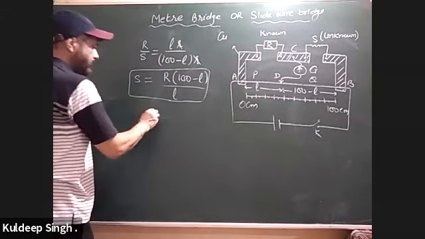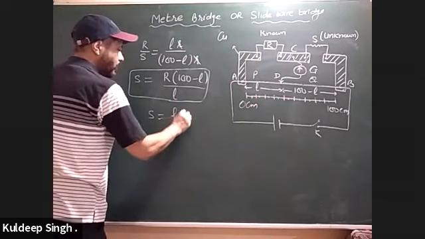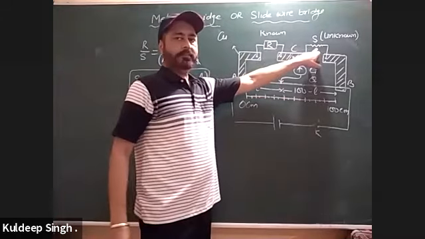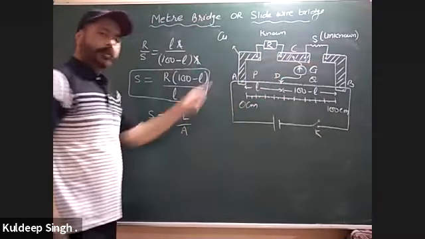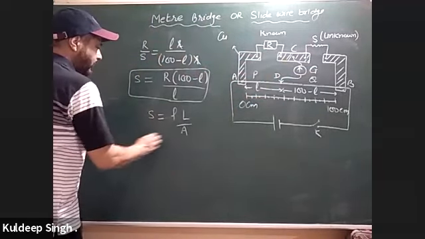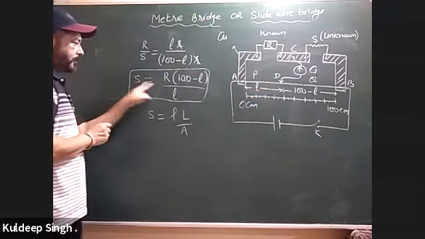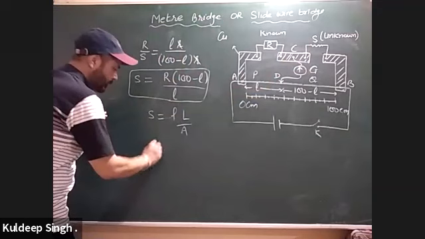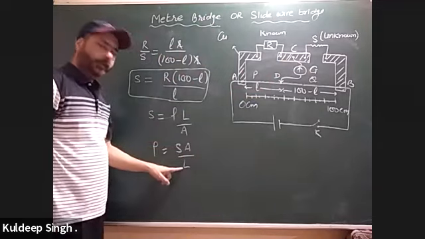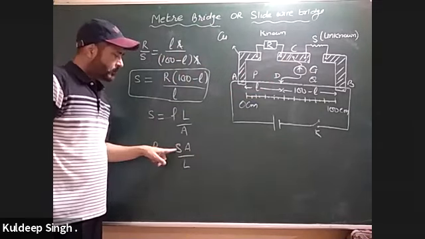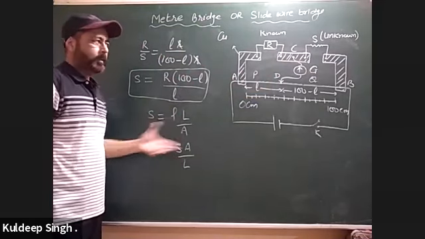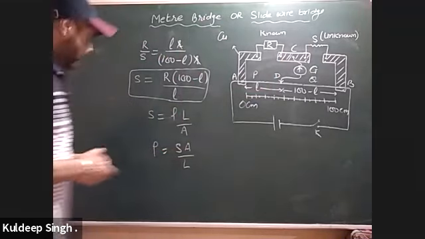If I say this S is equal to rho L by area, where L is the length of this wire, this resistance which is unknown, and A is the area of that wire, then here I can find out resistivity, because now I know S. I will put this value here. Resistivity will be equal to S A divided by L. You will measure A and L in the lab by using some instrument. Put S from this formula, and you can find the resistivity. Therefore, resistivity can also be calculated by using meter bridge.